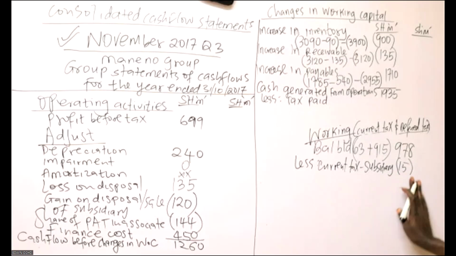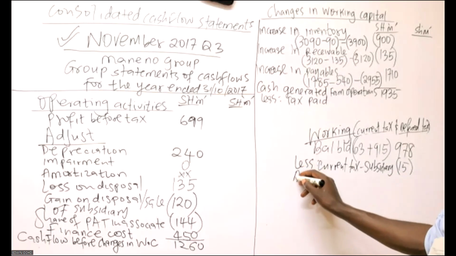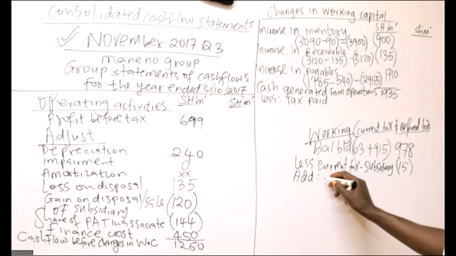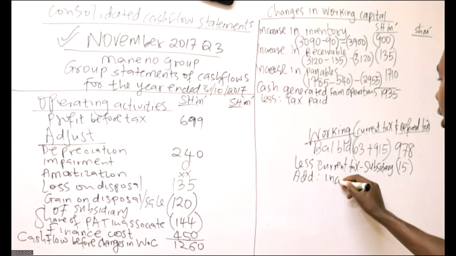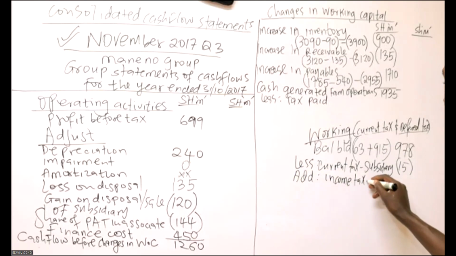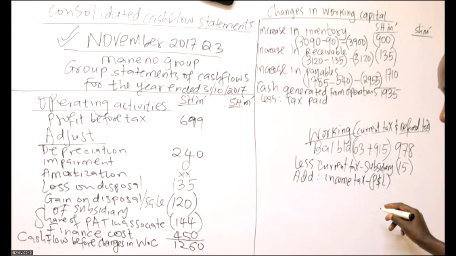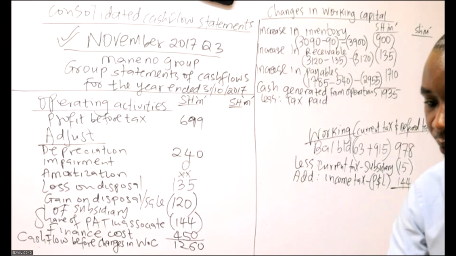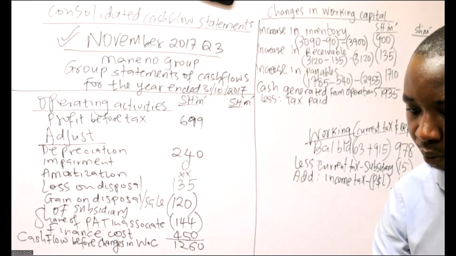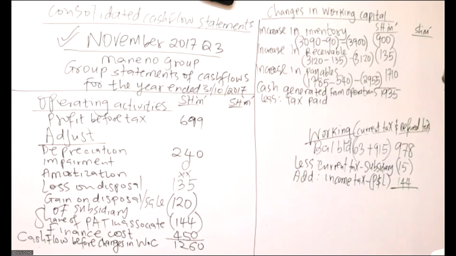But before I say 963, remember that I need to add the tax charged for the year, the income tax, the one from the P&L, income statement. That is the one I had not incorporated, the 144. So plus 144. This is 1107.